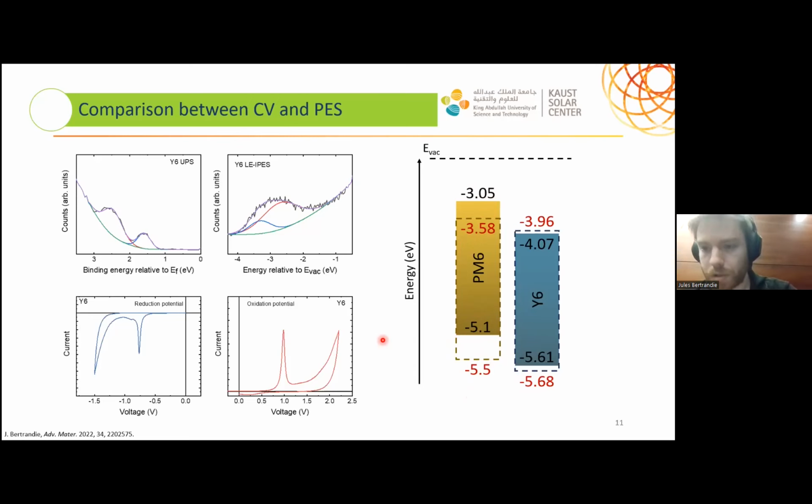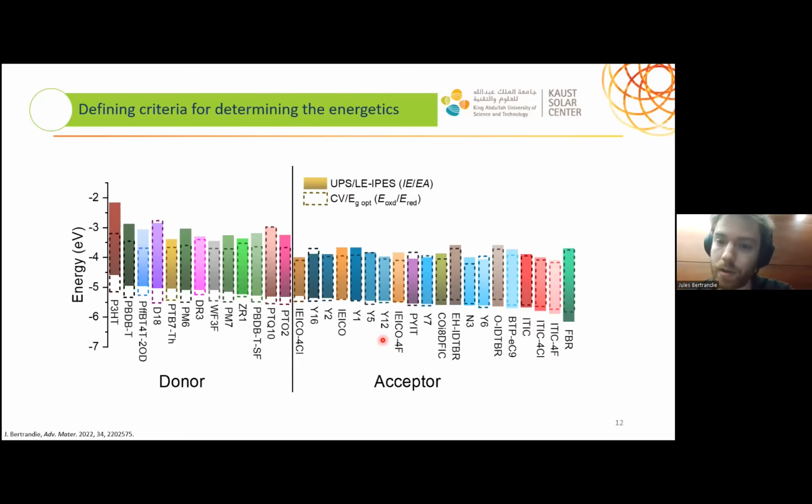So in order to study this a bit more, we decided to do this for more materials. We did it for 33 materials, 21 acceptors and 12 donors. The plain squares are PES and the dashed squares are from CV. And you can see that it was not only the case for PM6 and Y6, it's actually for all the materials that we measured.